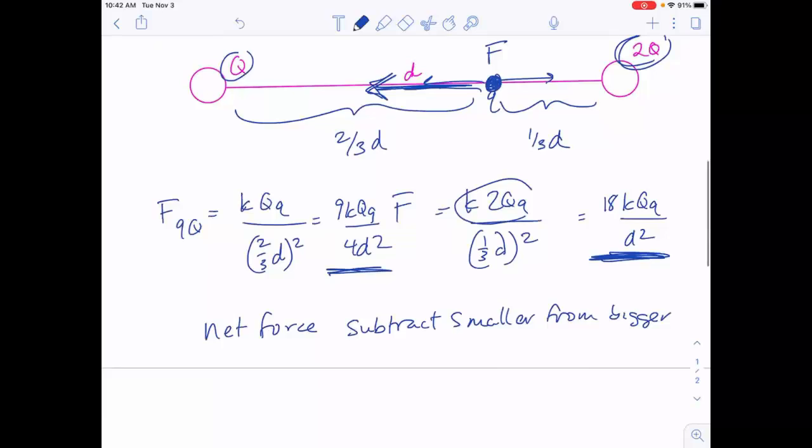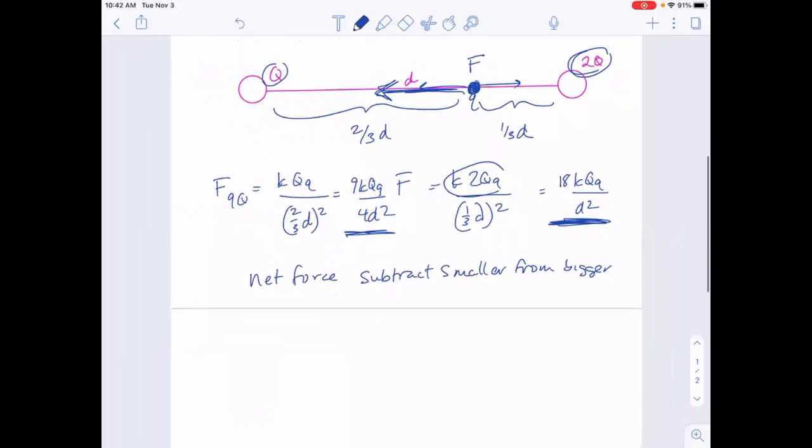What if I wanted to get the voltage at this point? Voltage is kq over r. So what I would have to do is figure out kq over r from each charge and add them together. In this case, I would add them together because they're both positive.